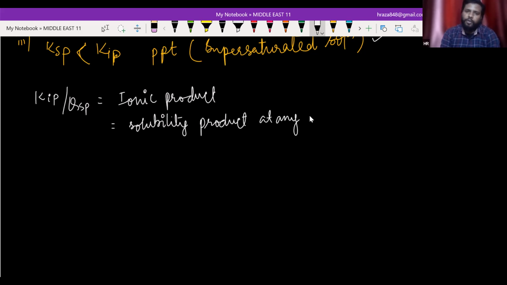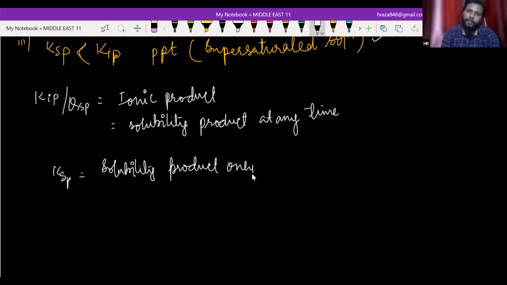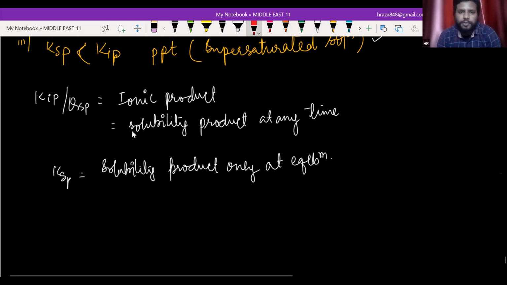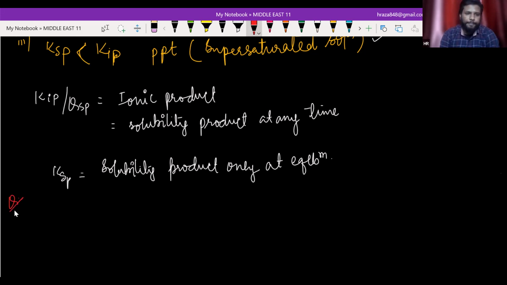But when we talk about Ksp, that is the solubility product only at equilibrium. Is everyone okay with this? Yes, sir.